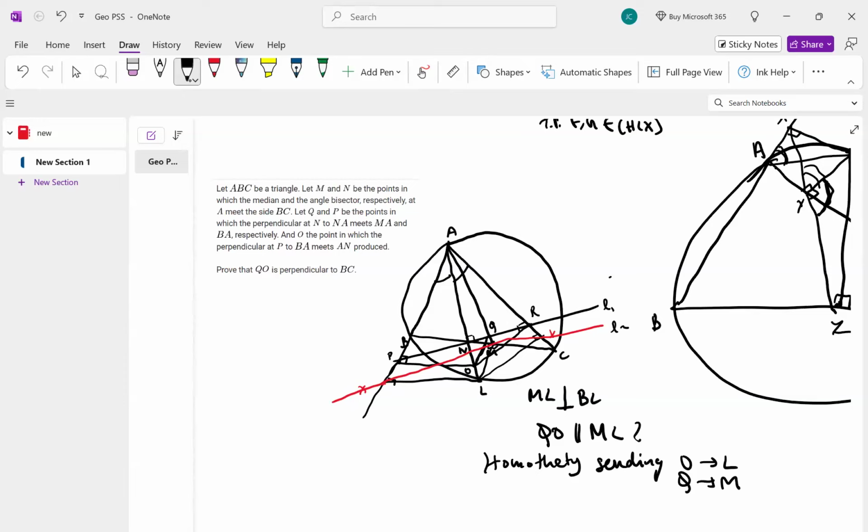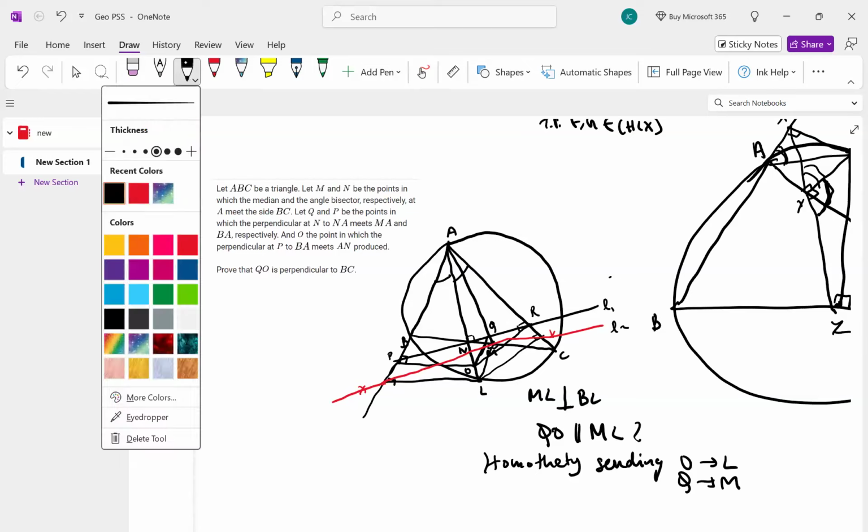Nice. Wait, so then wouldn't N go to the point on L2? So we're not actually done. We can't say about O yet. Yeah. No, okay. Consider these two triangles, POR and XLY. So you know POR goes to XL. Ah, okay, yes.